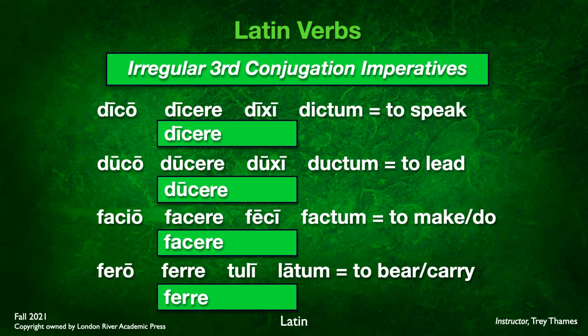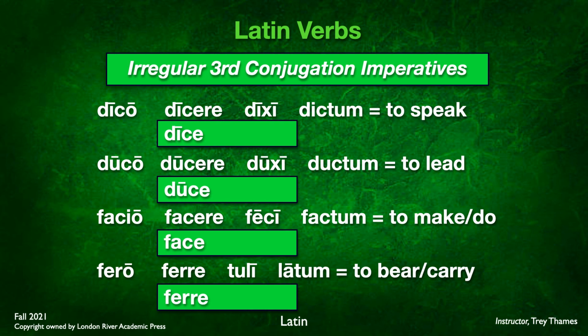That last one is a very special form. You can see it's not an E-R-E, it's F-E-R-R-E. It means to bear or carry. We'll talk about that one much later, but here's what happens. Again, you take that R-E off. There you go, drop that infinitive. And you would expect this to be the imperative singular: dice, duce, face, fere. Again, don't really worry about that last one because it's a special case.